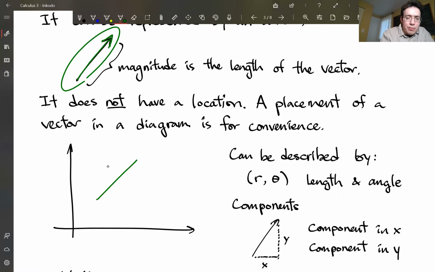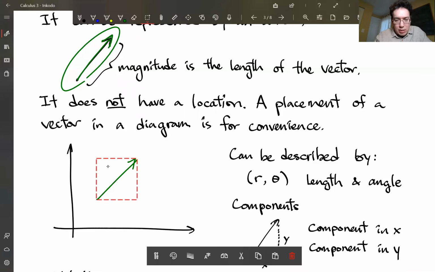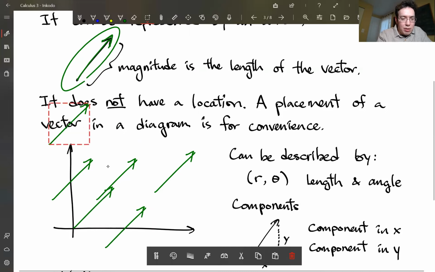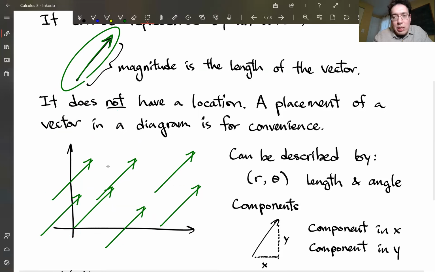If I draw a vector and copy it, I can place it there, here, there, at the origin if I wanted, or over here. All of these are considered to be the exact same vector. It doesn't matter where it's located in the coordinate system. The only thing that matters is that it has the same direction and the same length.